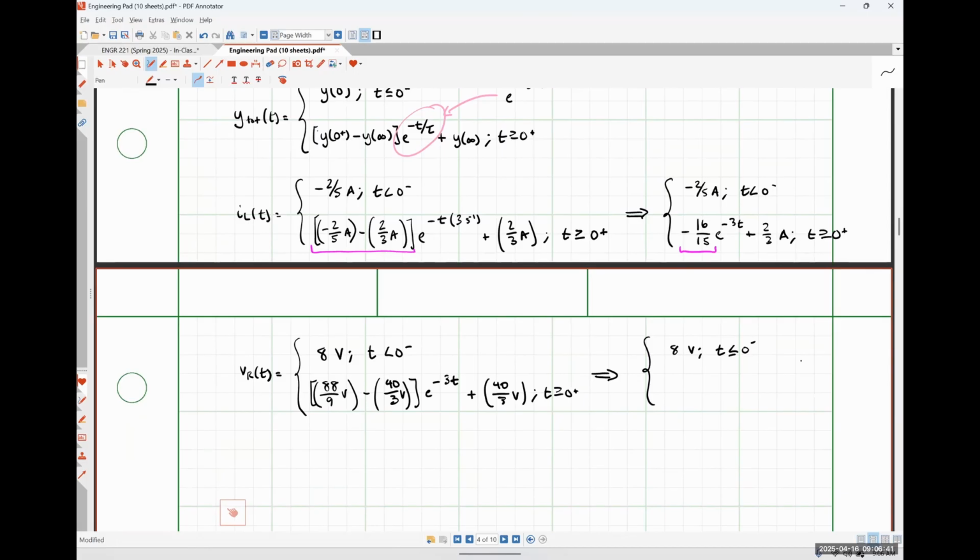Yep, minus 32 over 9, e to the minus 3t, plus 40/3 of a volt for t greater than or equal to 0 plus.